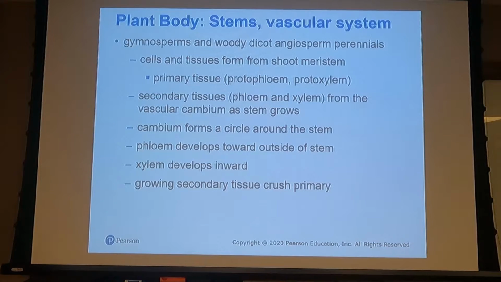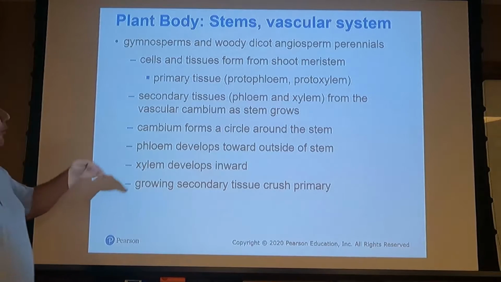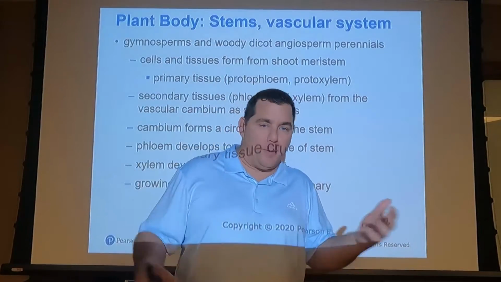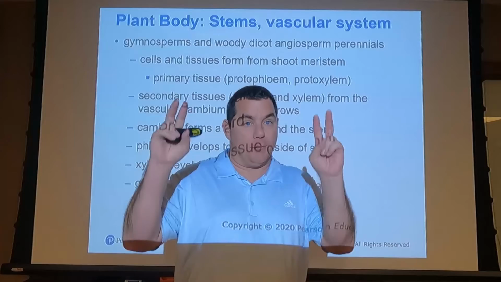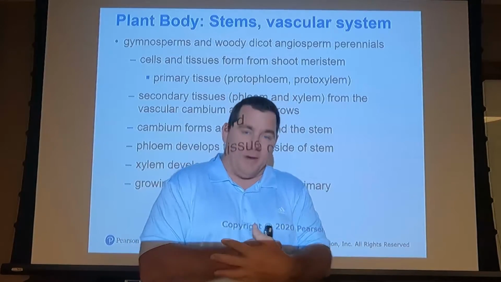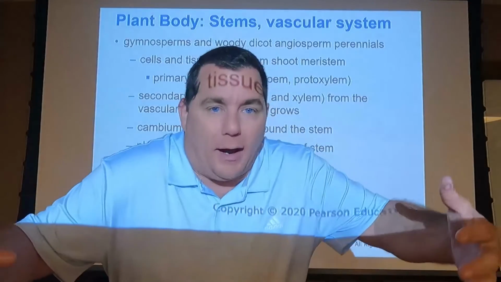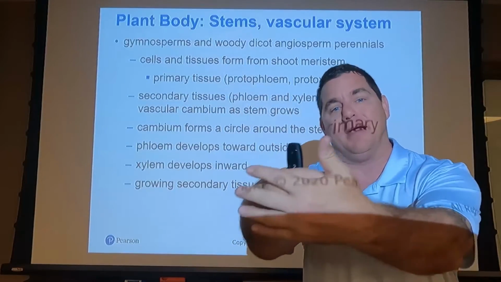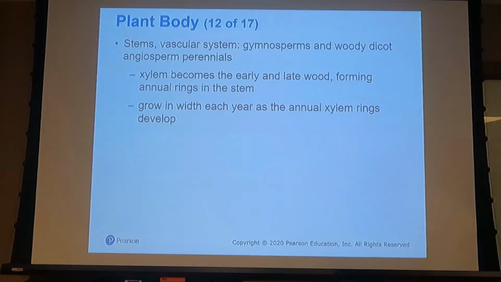And then finally, as the secondary tissue grows, it will crush the primary tissue. It needs to have the space. So as the primary tissue kind of matures, the secondary tissue is going to take over, and it's just going to kind of grow outward and take over and crush any of that primary tissue as it's growing.